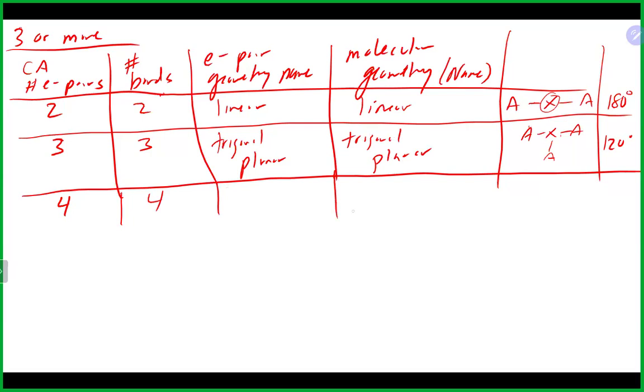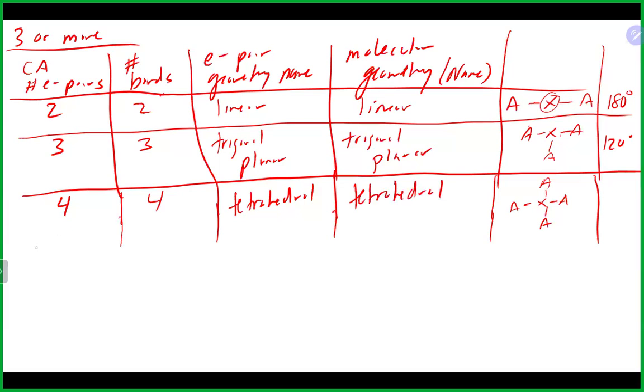So it looks something like this. And with that, it would be tetrahedral as the electron pair geometry, and tetrahedral for the molecular geometry. And as you can see on all these here, they have a bond angle of about 109.5.